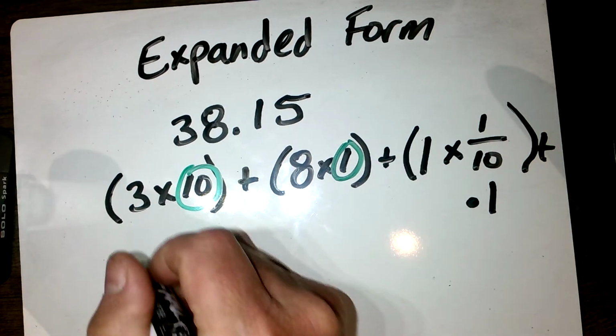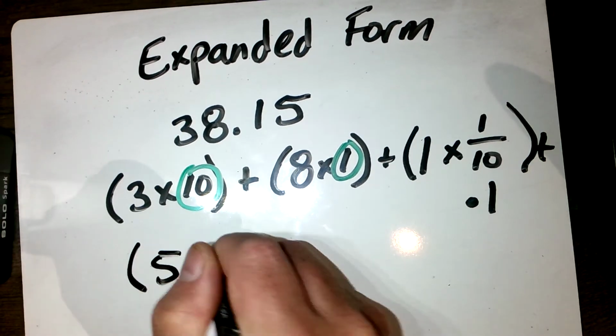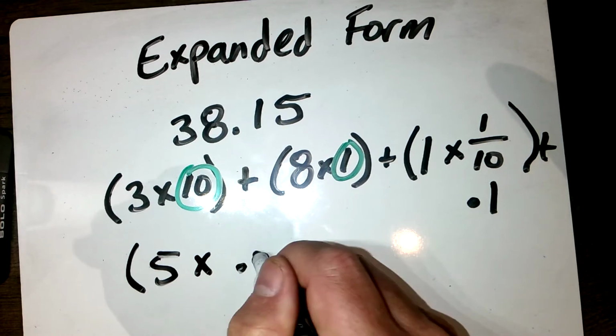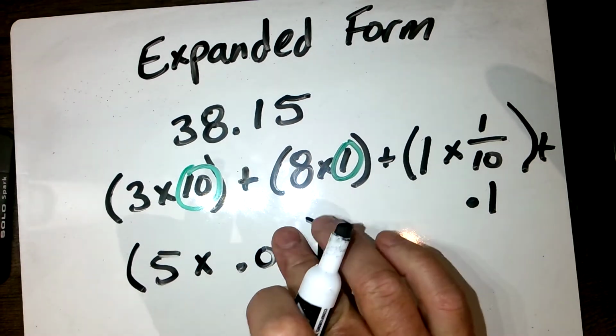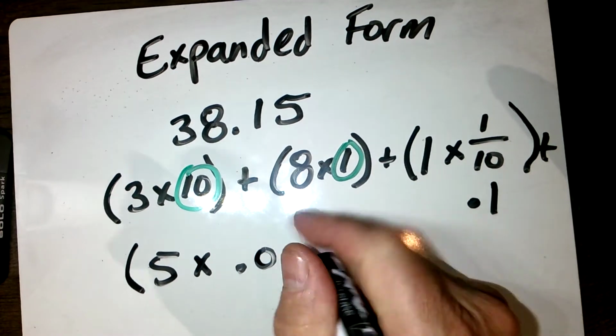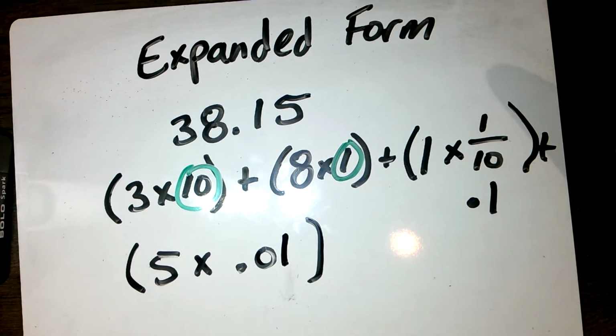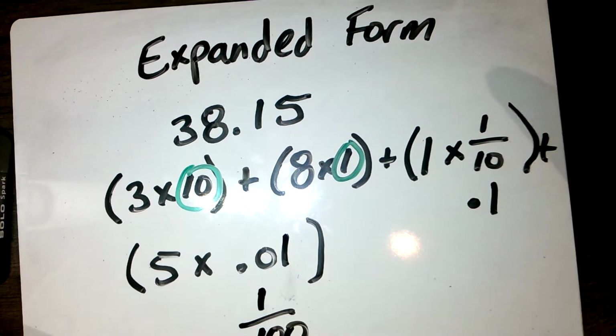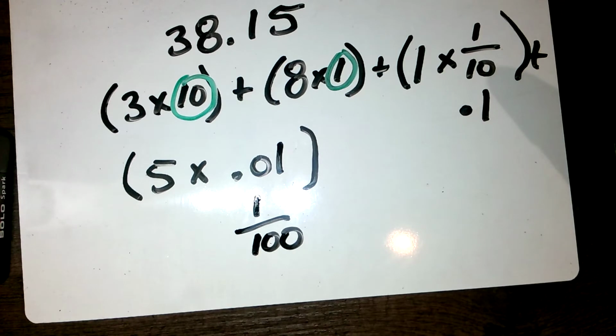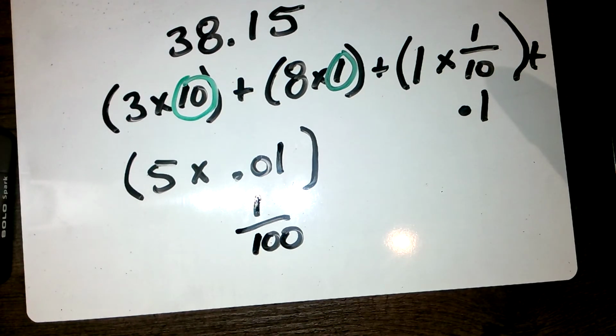Okay, plus, and then I have a 5, and that's in the hundredths place, so I can put 5 times, oh, I did that wrong, see? 5 times 1/100. If I put 5 times 1/500, that's going to be a whole different number. 5 times 1/100. I could also put 5 times 0.01 in the decimal form if I prefer to do it that way.